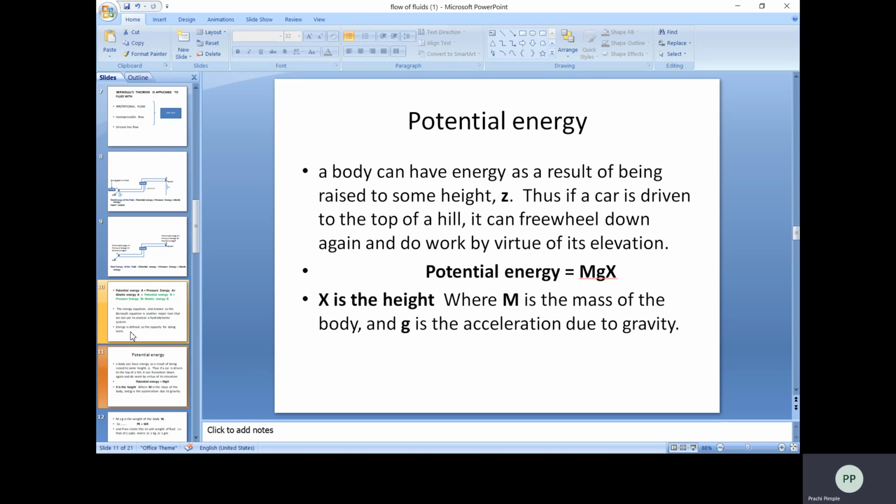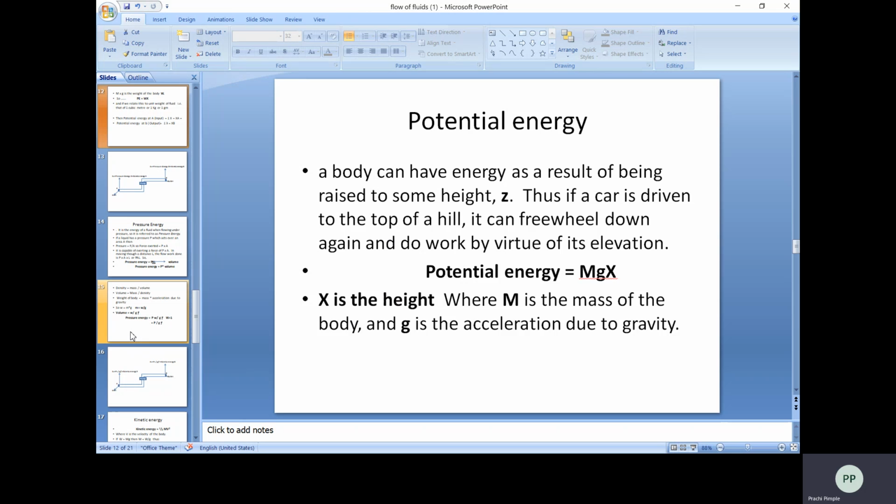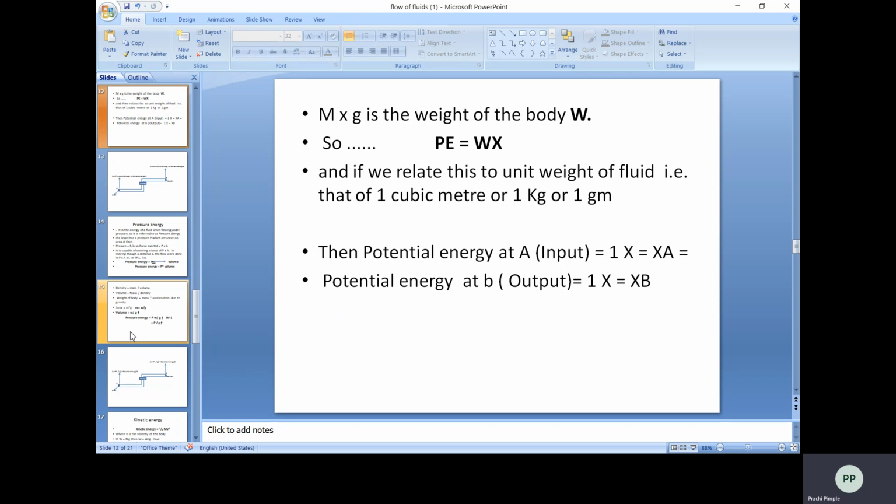Now talking about potential energy. What is potential energy? Potential energy is the energy possessed by any fluid or substance because of its position or its height. Potential energy is the product of mass, height and acceleration due to gravity. Now we will convert the mass and gravity in terms of weight.